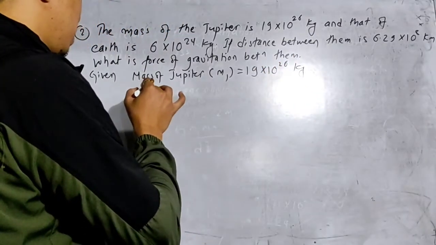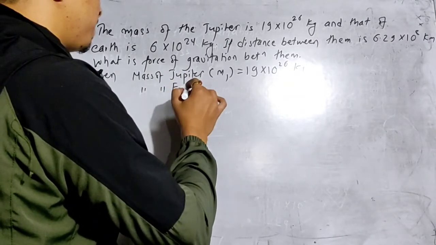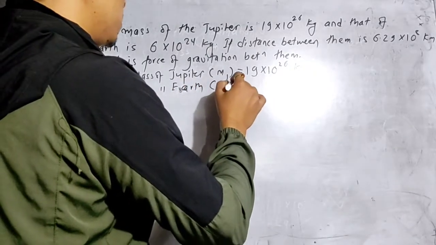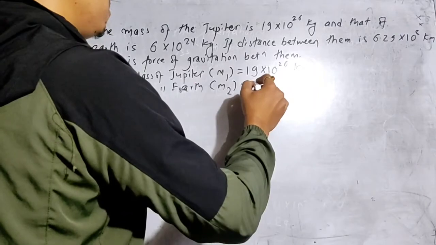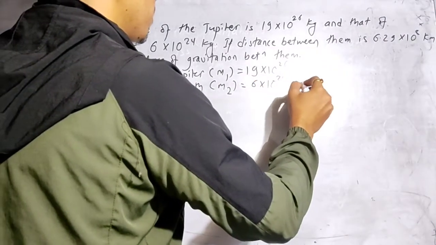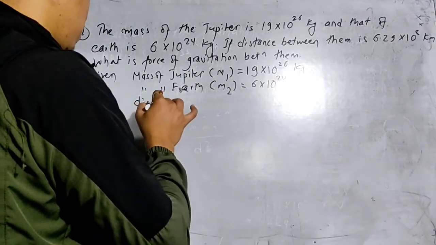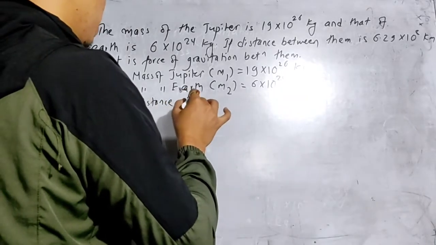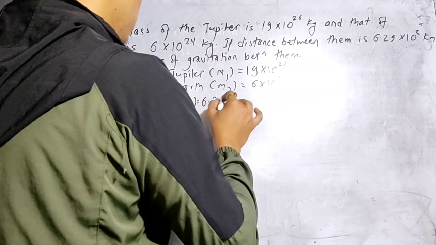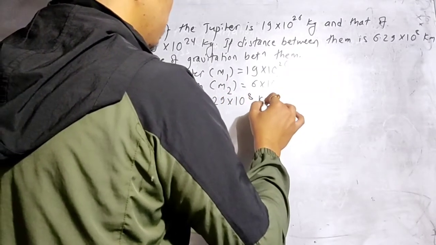Then the mass of Earth, let us consider it as M2, is equal to 6 into 10 to the power 24 kg. Now the distance between them, that is D, is equal to 6.29 into 10 to the power 8 kilometer.